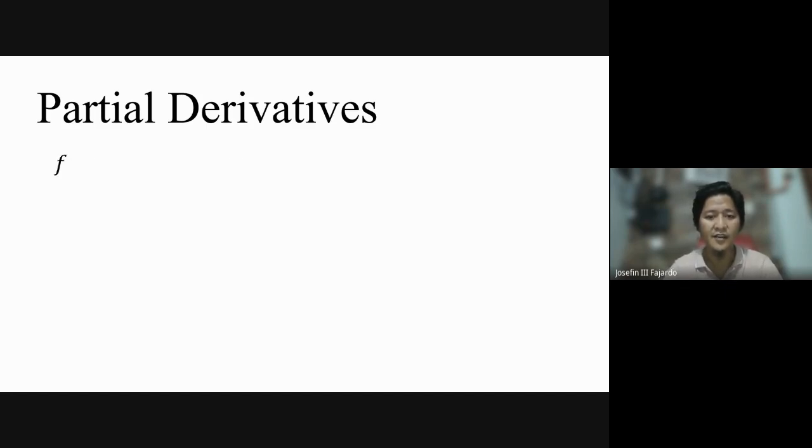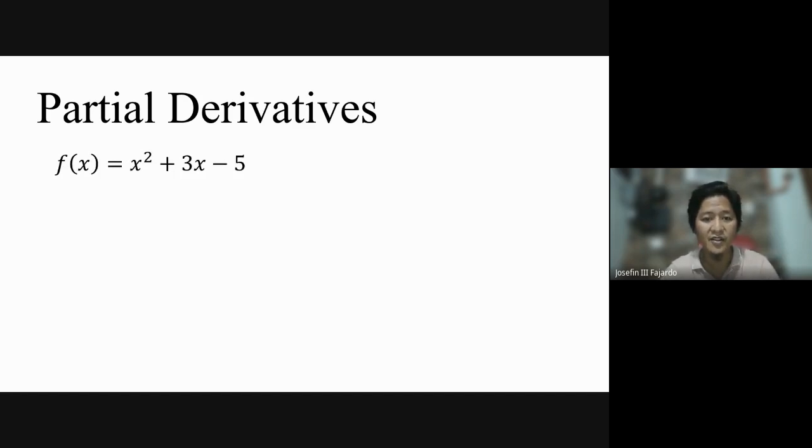If I have f of x, usually it's just f of x. F of x equals, say, x squared plus 3x minus 5, for example.